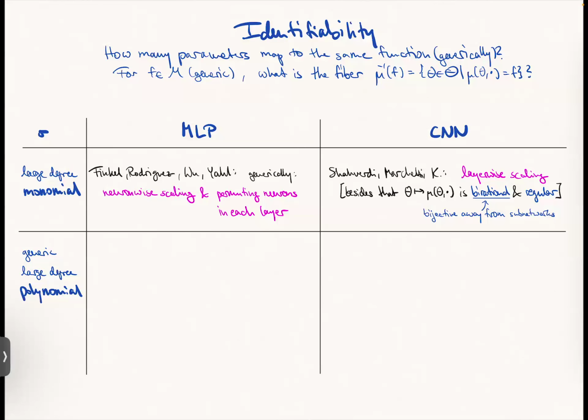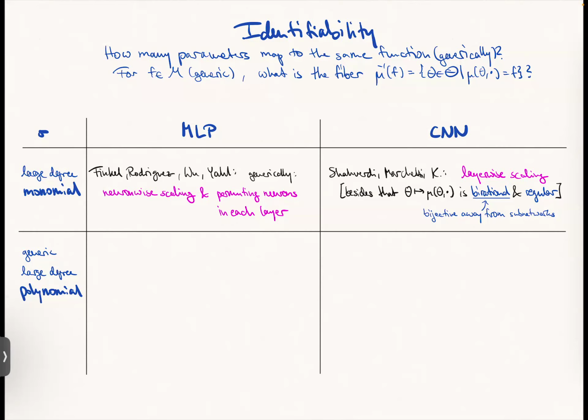Okay, so for instance, if you do monomial convolutional networks, then the only thing you can do is have a scaling per layer. That's it. And if you mod out that scaling, then your network function becomes actually bijective almost everywhere, and regular, so it's smooth. And this is what I said before in my picture: the Jacobian of your network parametrization map never drops rank.